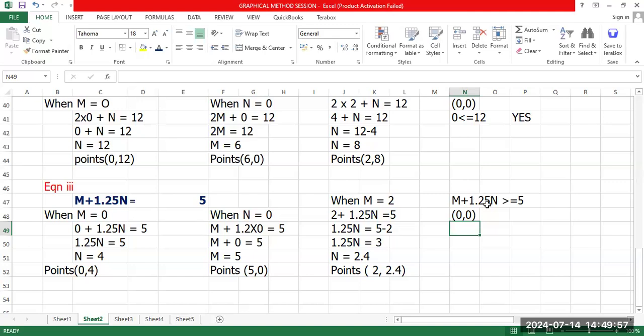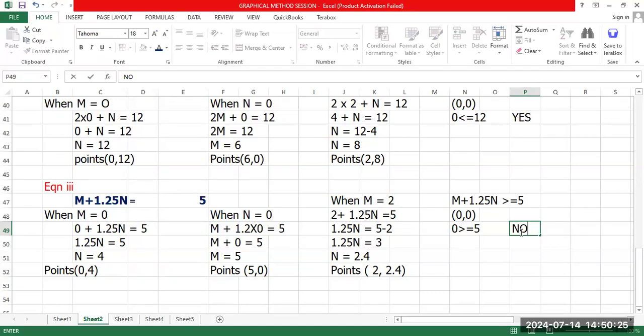Then substitute. It will be 0 is greater or equal to 5. Is it true that 0 is greater than 5? No. So here you have no. Remember, we shade where we have no. So which side are you going to shade?